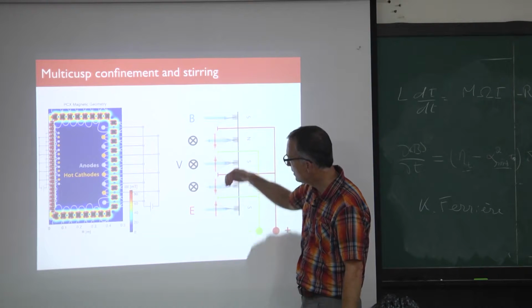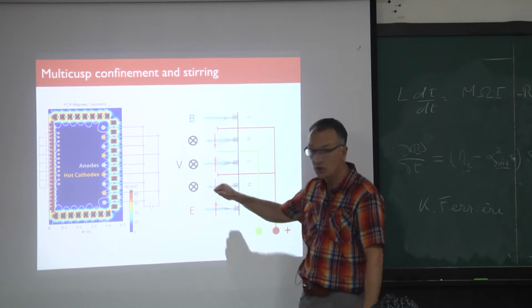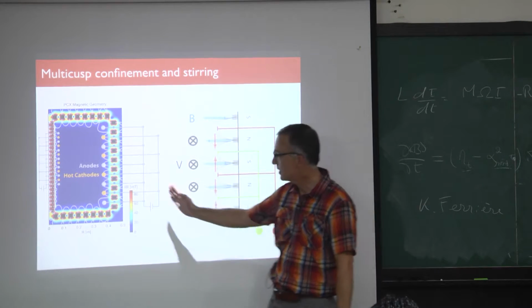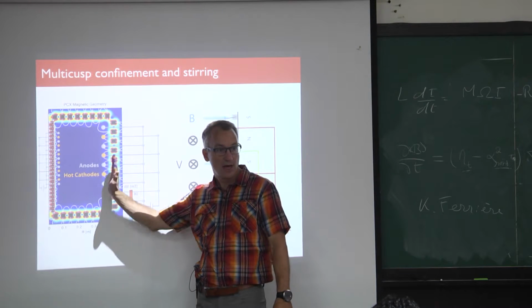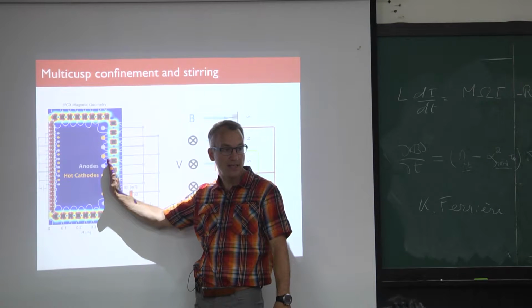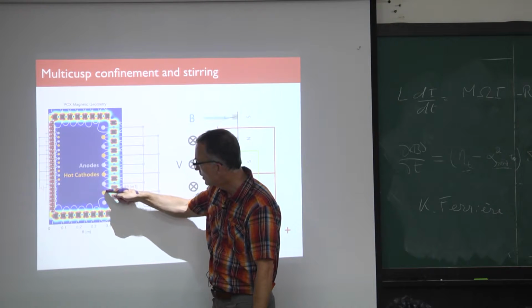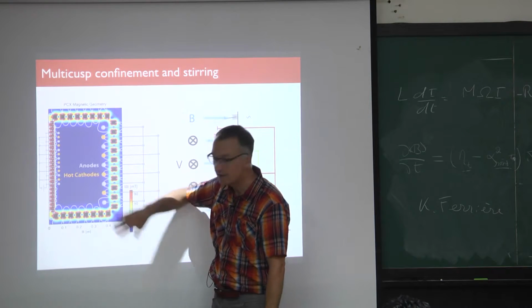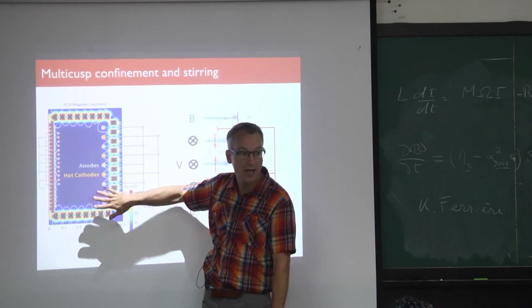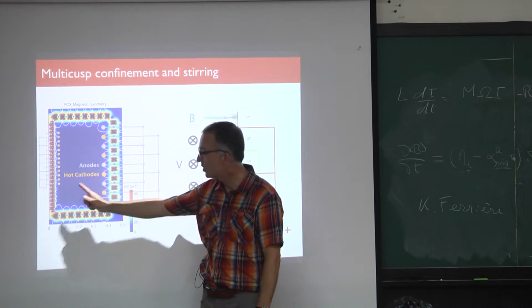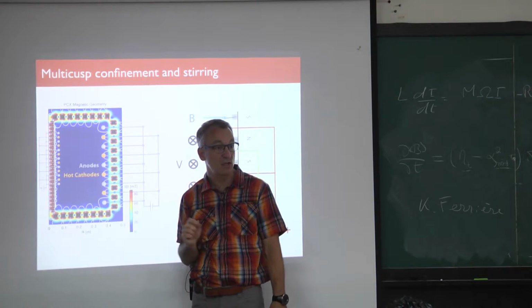The current is in, the magnetic field is down. There's a torque which causes the plasma to spin on the surface of the plasma in the magnetized edge. Okay? So currents are going to flow in the plane across the magnetic field. The magnetic field is in the plane. Those currents are going to flow, and it's going to cause a torque to act on the plasma so it spins.